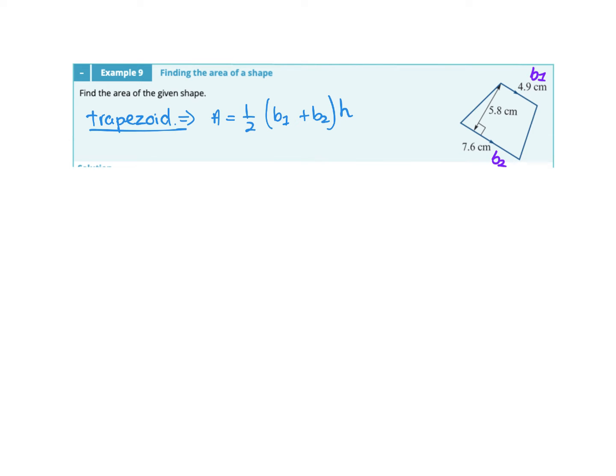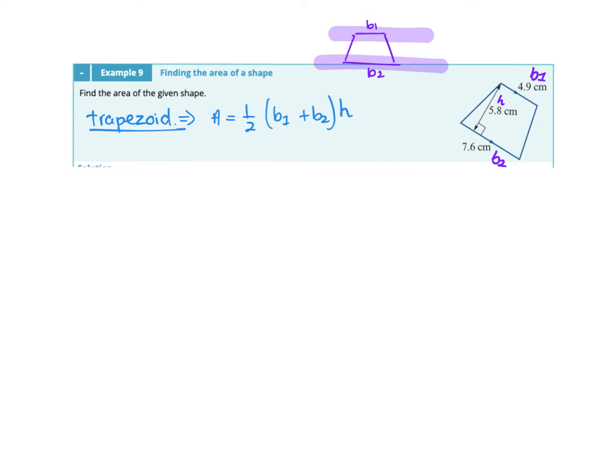They're the straight parallel lines, the B1 and the B2. When I say parallel lines, I mean these lines that are parallel like that. Then the formula asks you for the height as well, and they've given that there, so you can see what that one is.